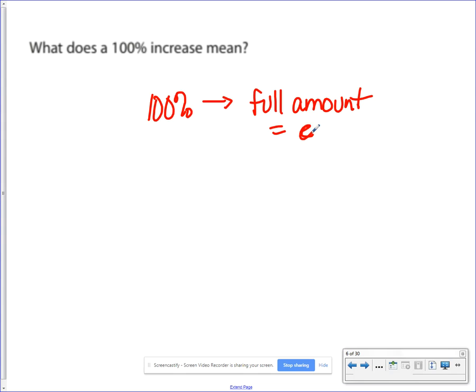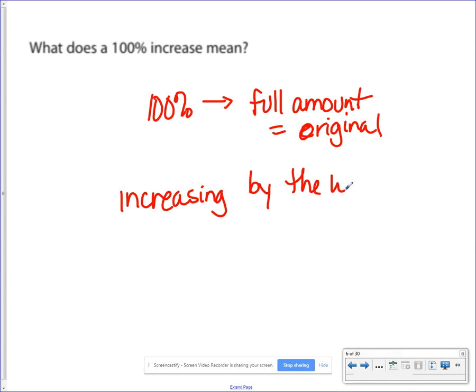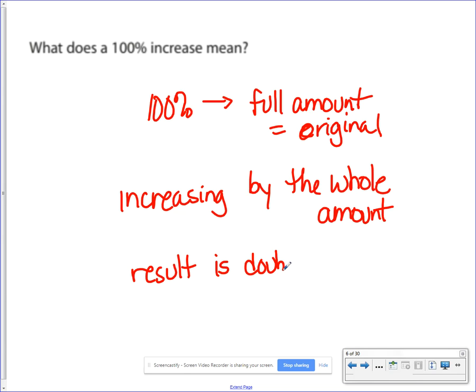So if we're increasing, that means we're increasing by a whole amount again, which means your end result is doubled. The result is twice as much as what you started with.